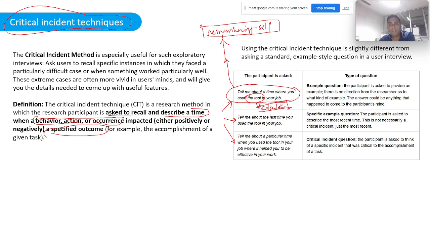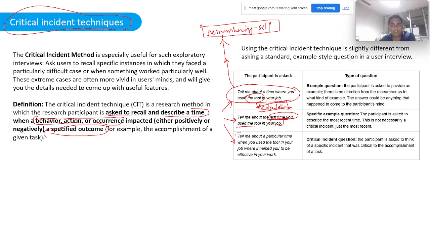Now, if you change the question to be a bit more specific, like tell me about the last time you used the tool in your job, the question allows a user to give an answer about the last time he used the tool. That means he will remember the last time when he used the calculator. So he may give an answer like, yesterday I used it, or last month I used the calculator.